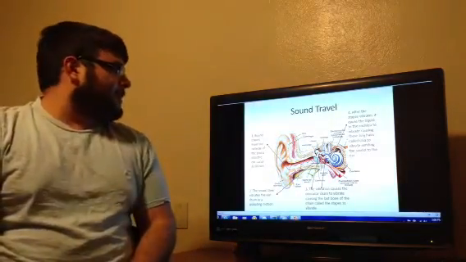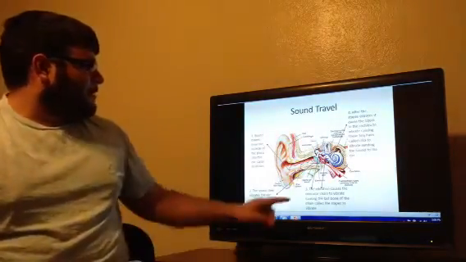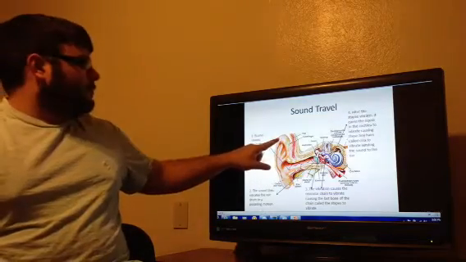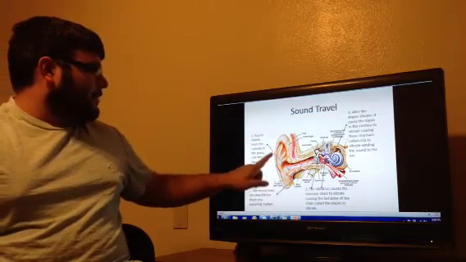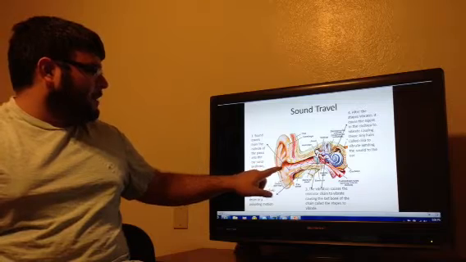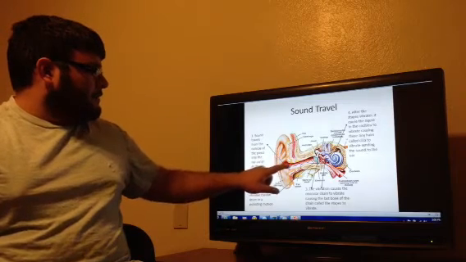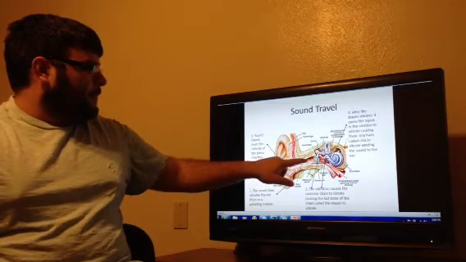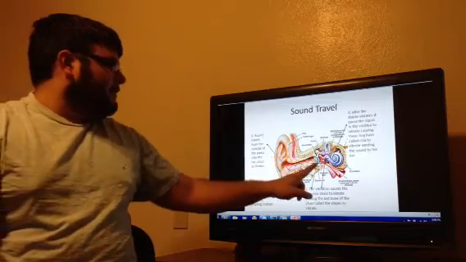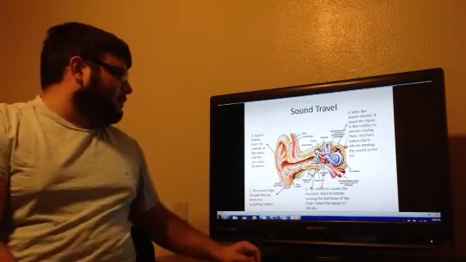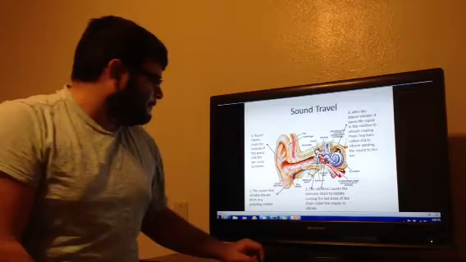Sound travel through the ear. Basically, your sound waves are going to come from the outer ear, making their way down the ear canal, and eventually to your tympanic membrane, which is the eardrum.